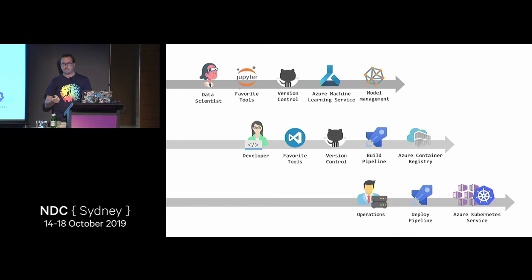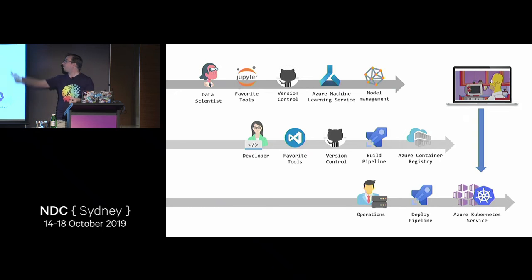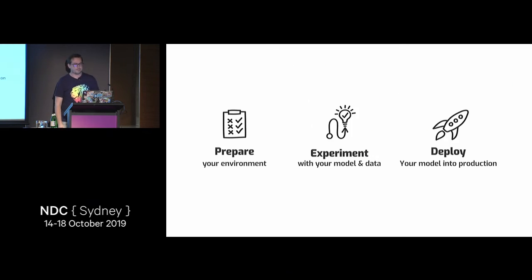And then operations can deploy, as they would always deploy, a Docker container, because it is just an API running and probably needs some GPU, but it is just a Docker container hosting an API. And then, of course, the client can do predictions against that API.